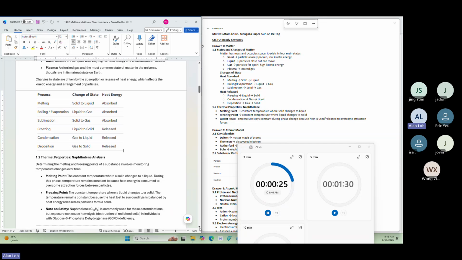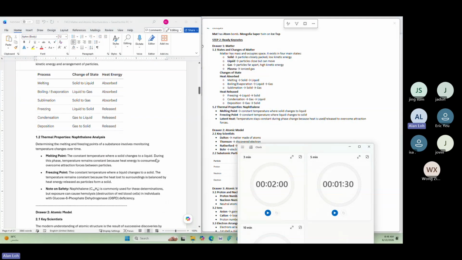It's just an example. Okay, let's move on to drawer 2.